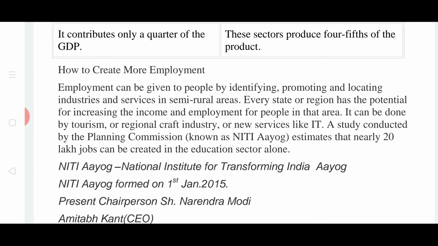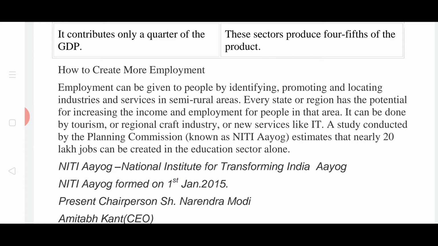Now, what is Niti Aayog? Students, please understand, in 1950 the Planning Commission was formed, and the first chairman was the first Prime Minister of India, Mr. Jawaharlal Nehru. It was substituted by Niti Aayog on 1st January 2015.